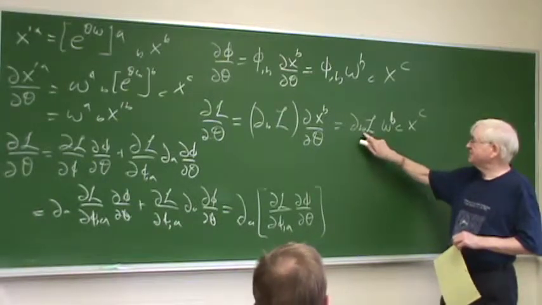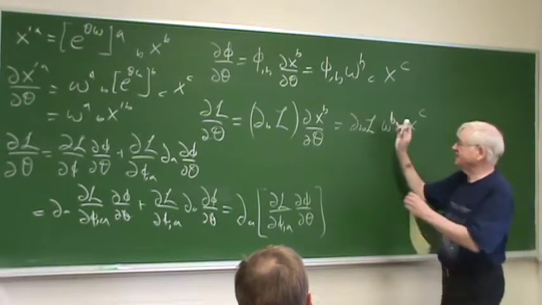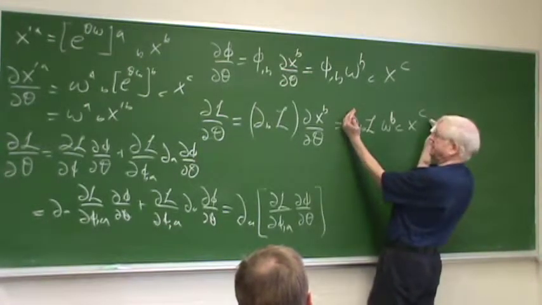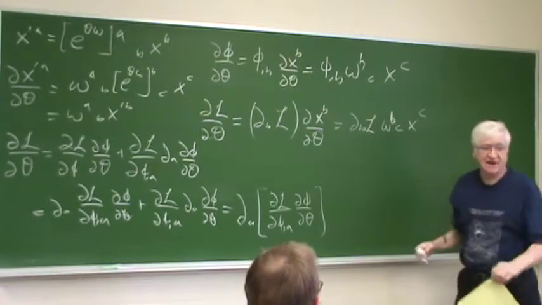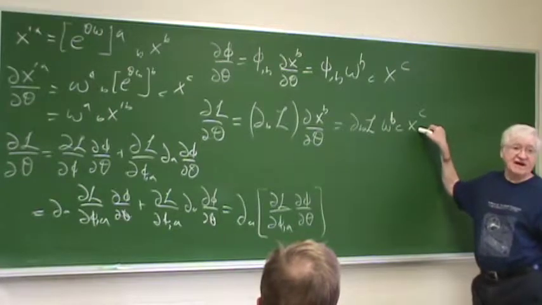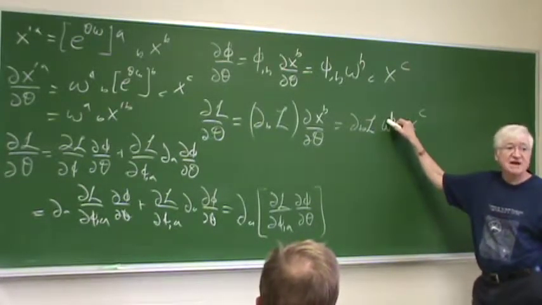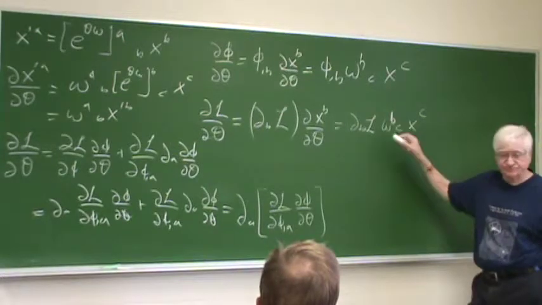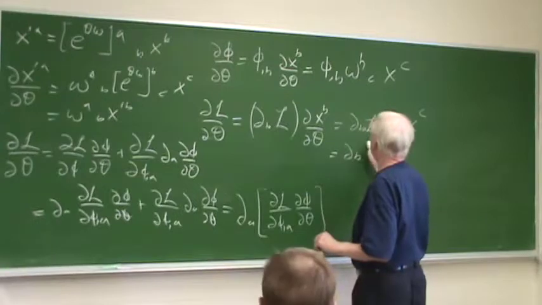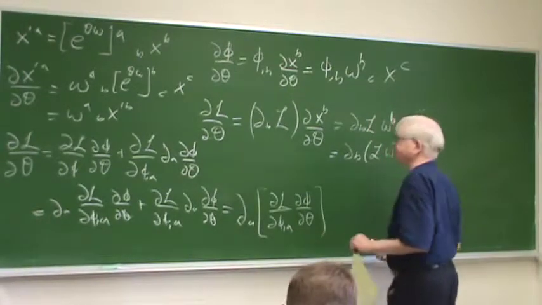So this B derivative here, if we let it act to the right instead of having it d_B L, we wouldn't be getting anything wrong, because the B derivative can't give 0 when it acts on x_c, because c can't equal b, because omega_cc is 0. So I'm going to do just that, d_B L omega_bc x_c.